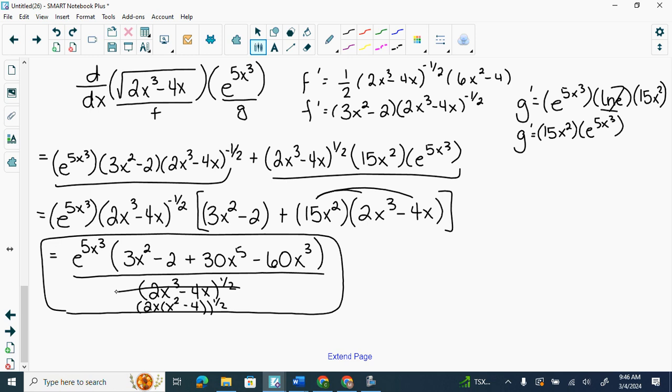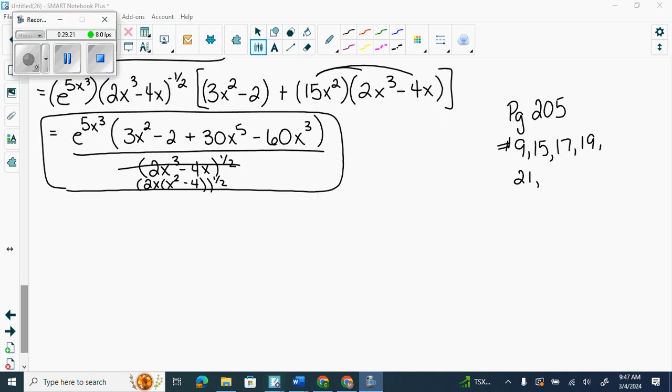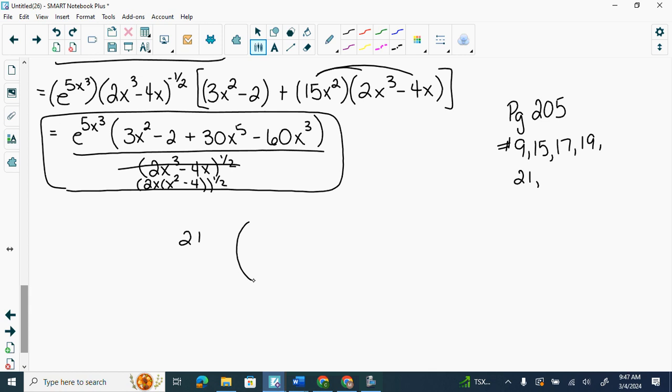All right. I have homework on this page for you. Best answer. Number 21 looks like this: y equals ((x squared plus 1) over (x squared minus 1)) cubed. What do I have to do first? You have to do chain. Someone said chain.